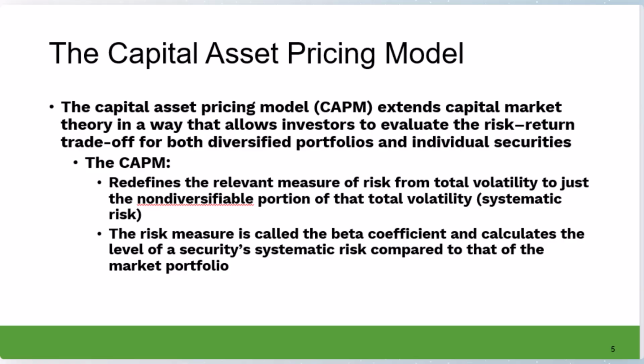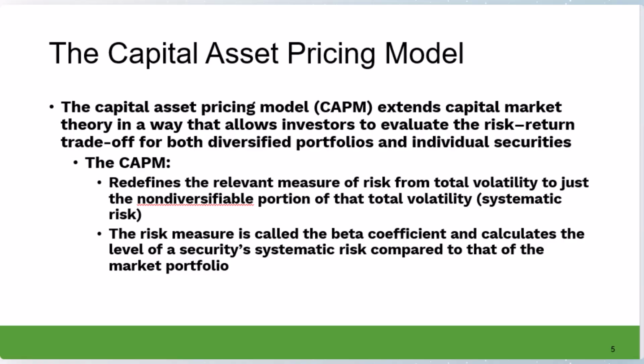So the capital asset pricing model makes one of the most important claims in all of finance. Investors are not compensated for any risks that they can diversify away. This means total volatility does not determine expected return. Only systematic risk matters. This is why beta replaces standard deviation as the relevant risk measure.